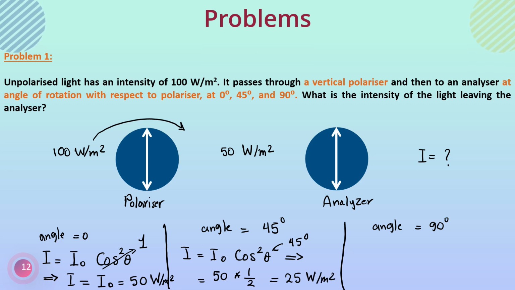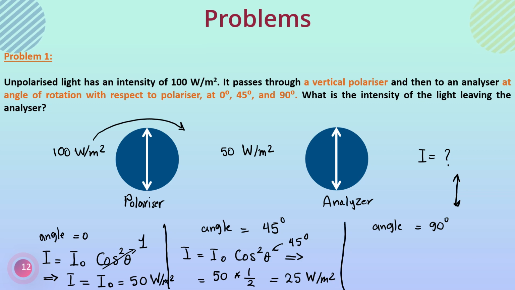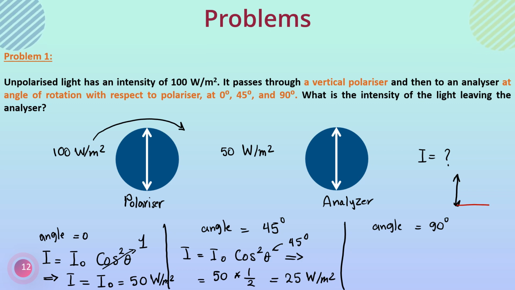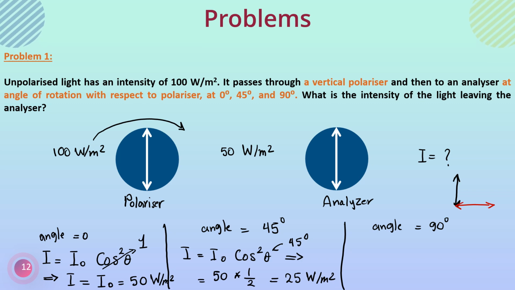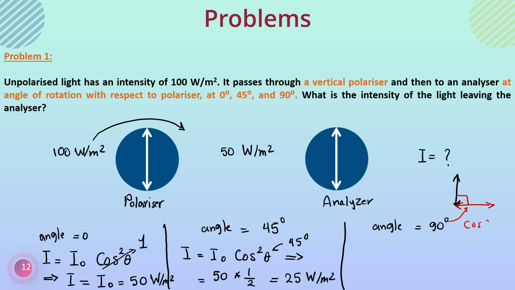Okay, when the angle is 90, this means if this is the polarizer axis, and this will be the analyzer, when the angle is 90, cosine 90 is 0. Think about it.